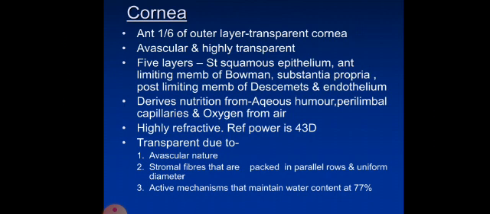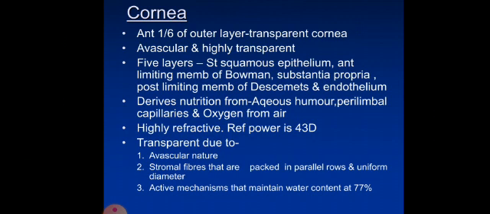Cornea is divided into 5 layers: the squamous epithelium, the anterior limiting membrane of Bowman, substantia propria, posterior limiting membrane of Descemet, and endothelium. Cornea derives its nutrition from aqueous humor, perilimbal capillaries, and also oxygen from air. Cornea is highly refractive in nature, and the refractive power is around 43 diopters.